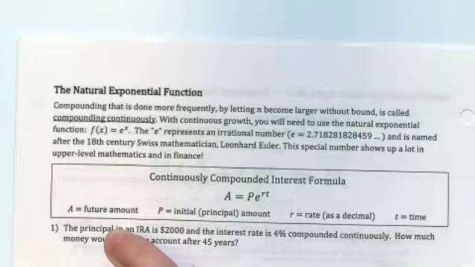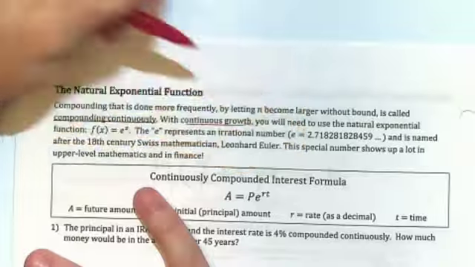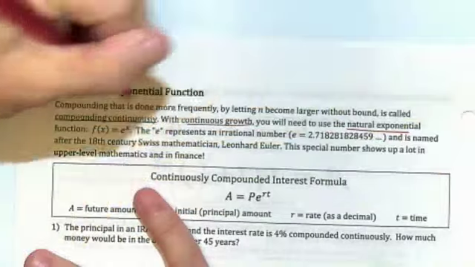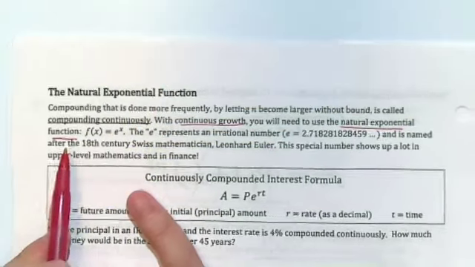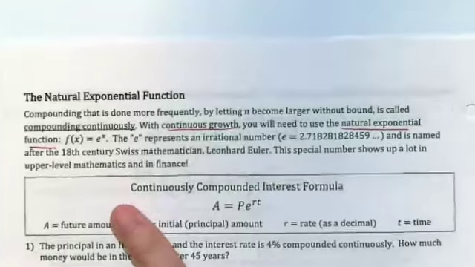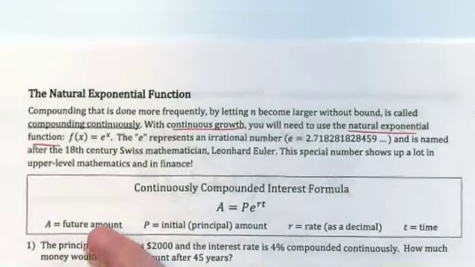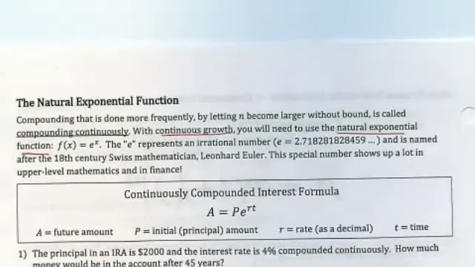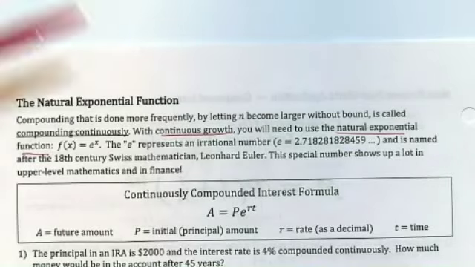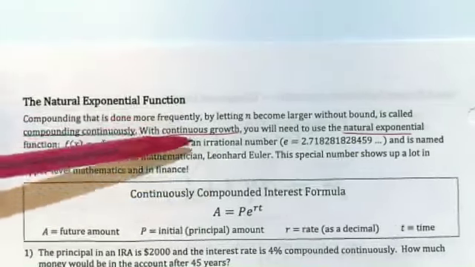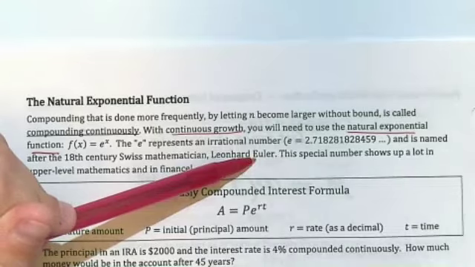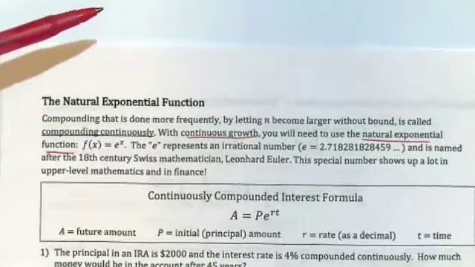What we use to represent that continuous growth is the natural exponential function. That natural exponential function is f of x equals e to the x. E just represents an irrational number, and this mathematician, we call him Euler, came up with this.